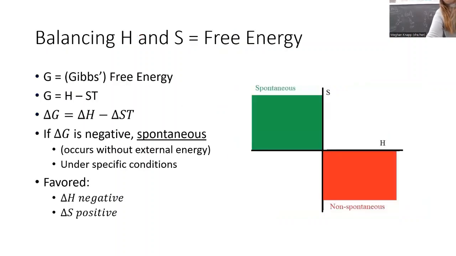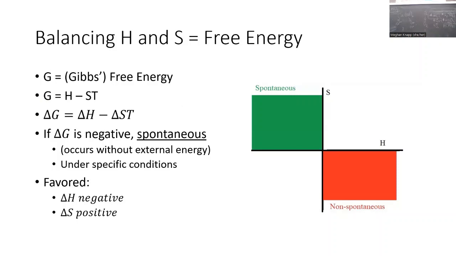Okay, back to thermodynamics a little bit. This is going to be important for understanding our next group of solutions. So we said that enthalpy, which is our delta H, is favored when it is negative, right? The universe likes things to be more stable, lower in energy. So we want our system to get as low in energy as possible.